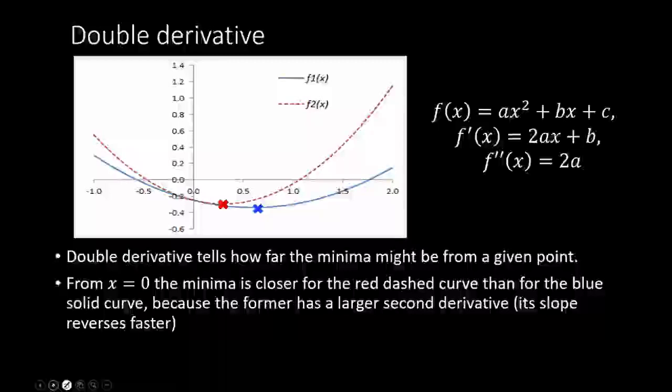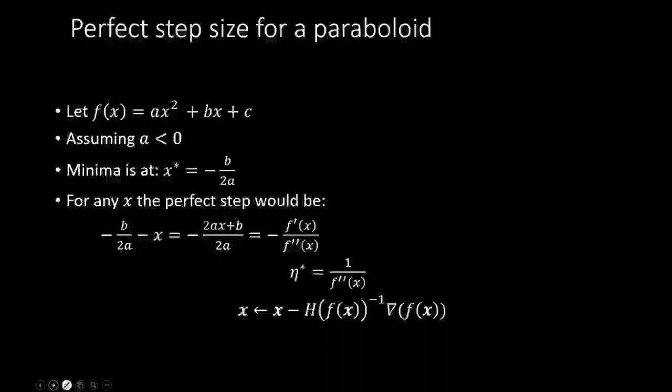They have two different equations, and basically two different a's. They share a point where the tangent is also the same. Obviously the second derivative is different for them, which means 2a is different, which means the ideal step size is going to be different for the two of them.